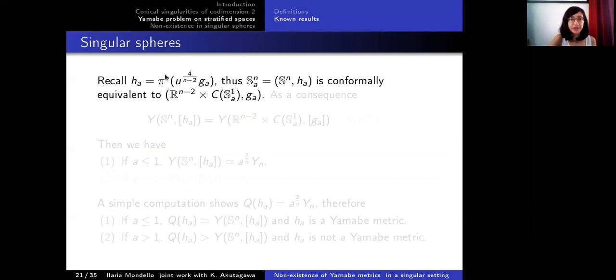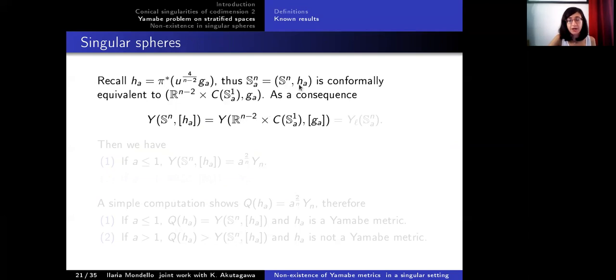So the stereographic projection here is a conformal diffeomorphism. So the singular spheres are actually conformally equivalent to the product R^(n-2) cross the two-dimensional cone. And since the Yamabe constant is a conformal invariant, the Yamabe constant of singular sphere is exactly equal to the Yamabe constant of the corresponding singular R^n.